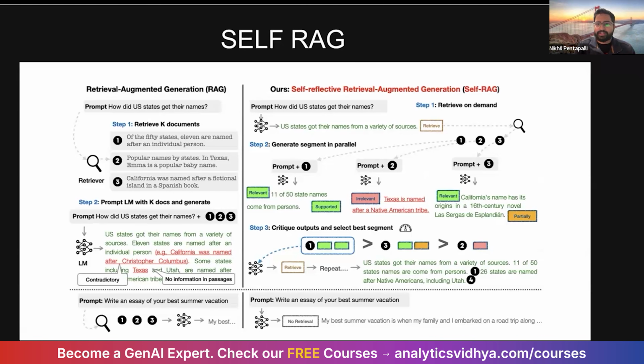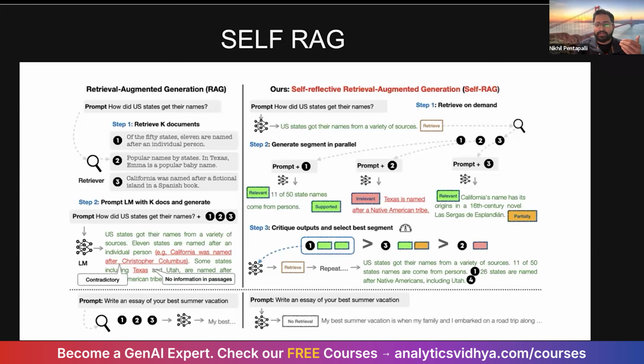Self-reflective RAG means you retrieve on demand. You retrieve whenever there is a need, and you also evaluate each retrieval in parallel, whether it is useful or not. You have around 4 to 5 critique tokens, like is my retrieval relevant, is my retrieval useful.